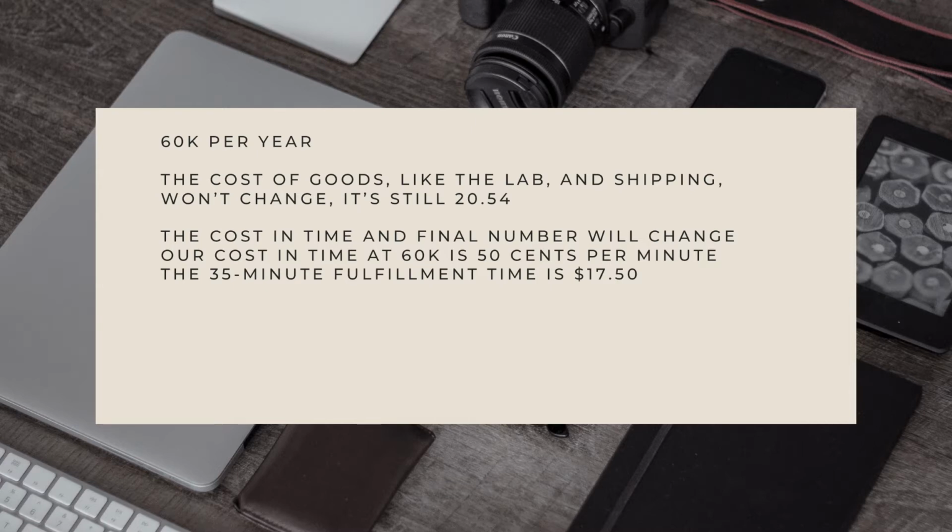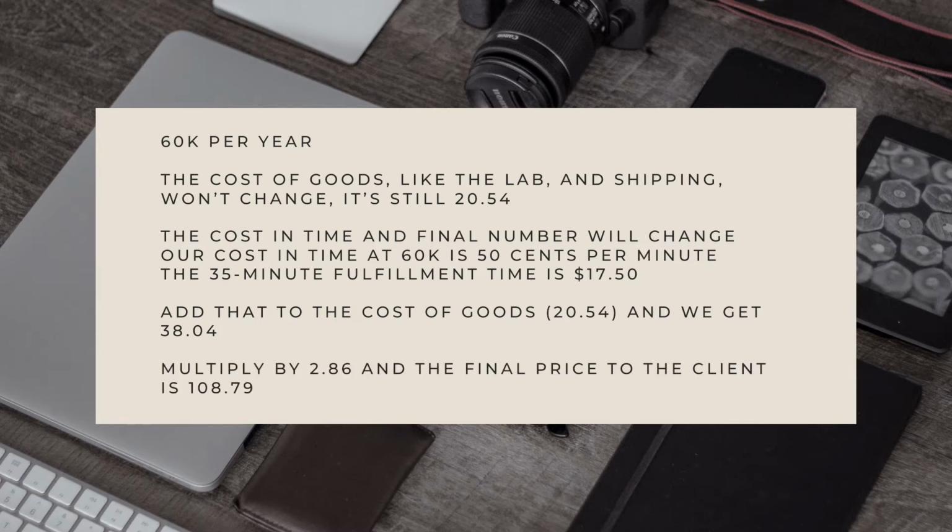Okay, our cost in time is 50 cents per minute because it's $60,000. Now, the 35-minute fulfillment time with that cost is $17.50. So we add the cost of goods sold, $20.54. We add that to the $17.50, and we get $38.04. Okay. Next up is the markup. And that's going to stay the same.